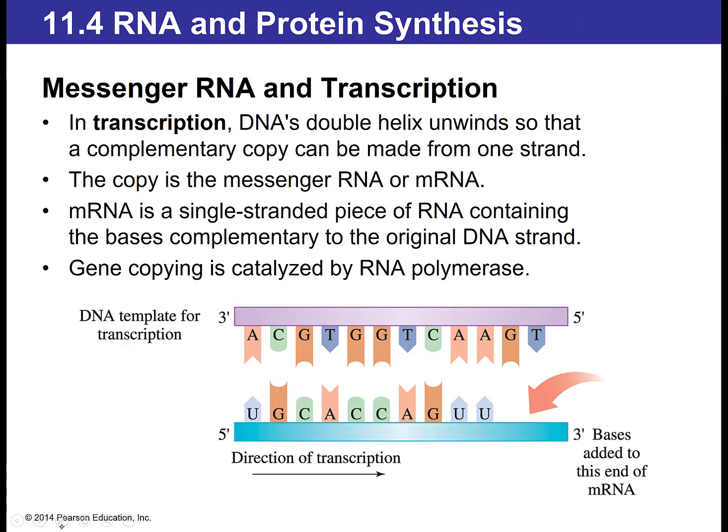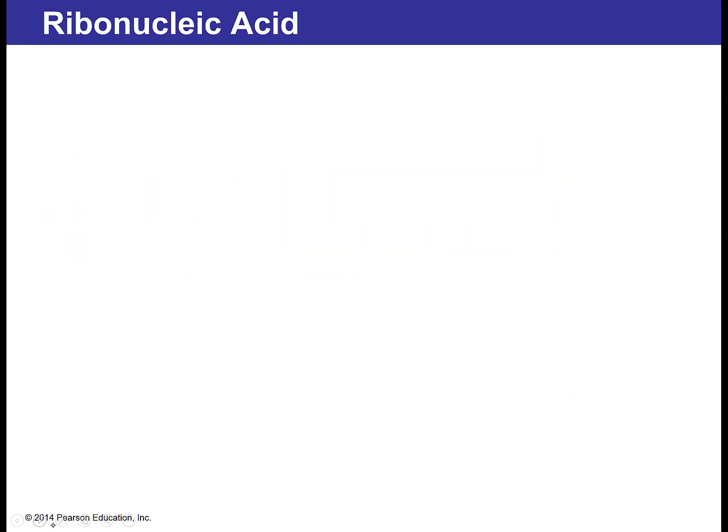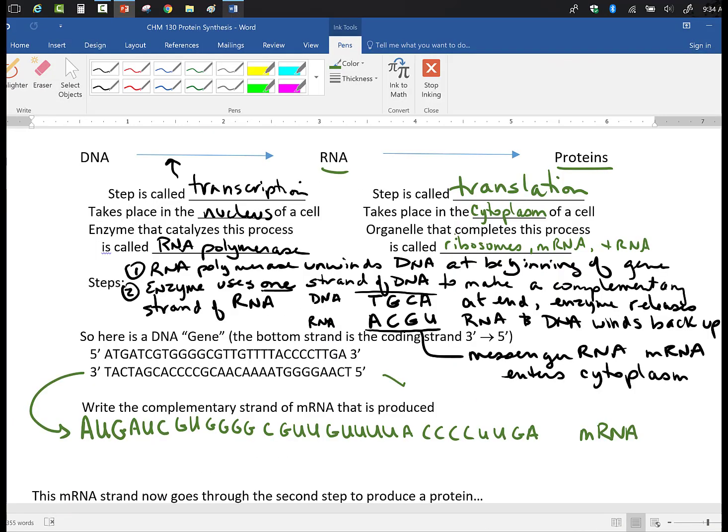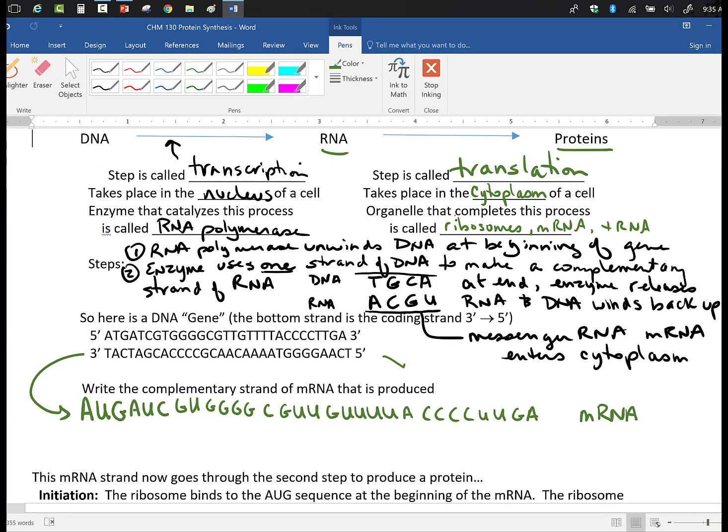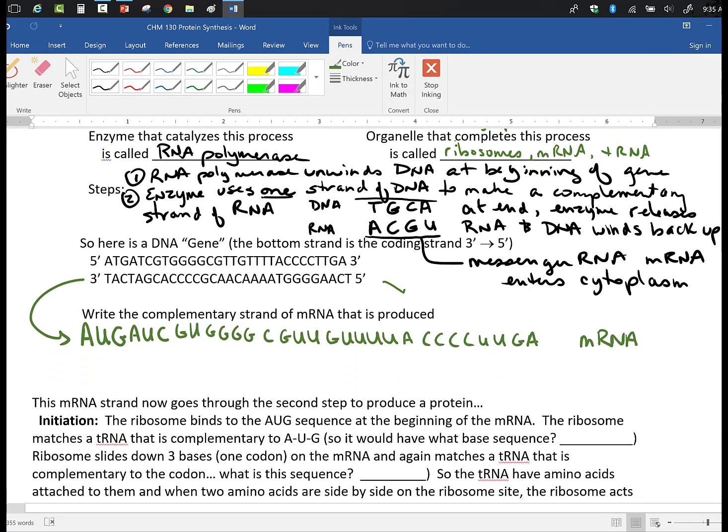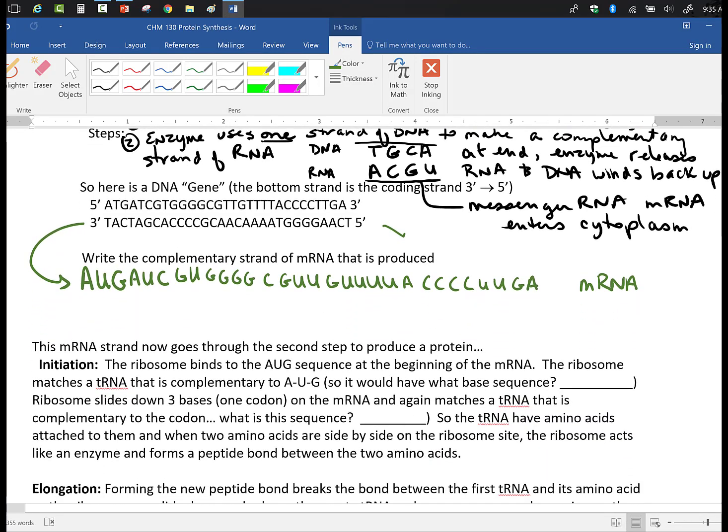So in translation, let's go back to our, here. And we'll first look at this green sequence that I've got. Okay, so that's the mRNA.